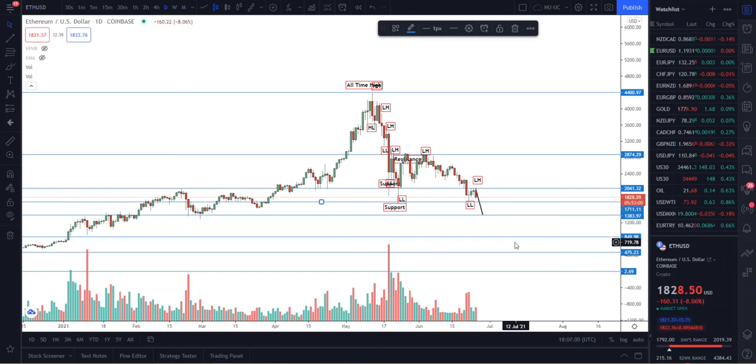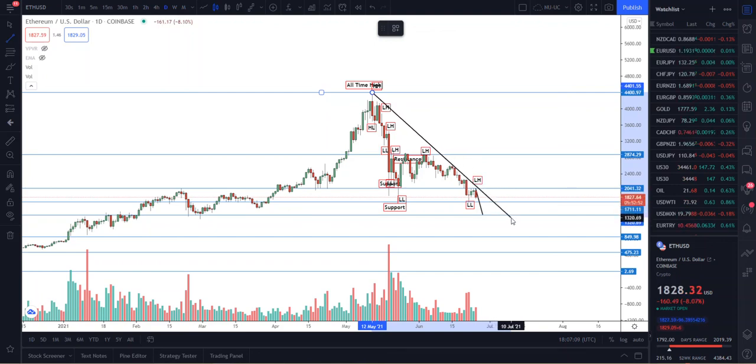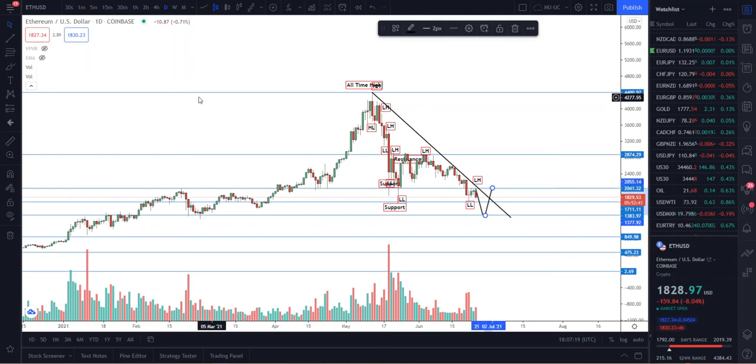So you need to be able to identify lower highs and lower lows while not forgetting to draw your trend line. So right now, here is your trend line. If Ethereum comes and does that, goes here, guess what? That's a lower low, but now that's a higher high.